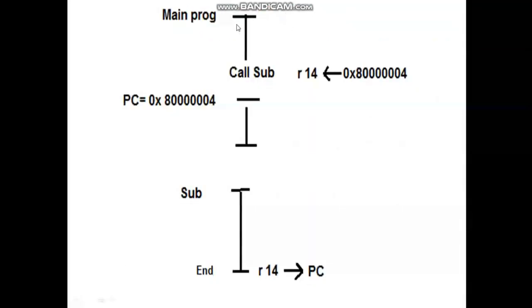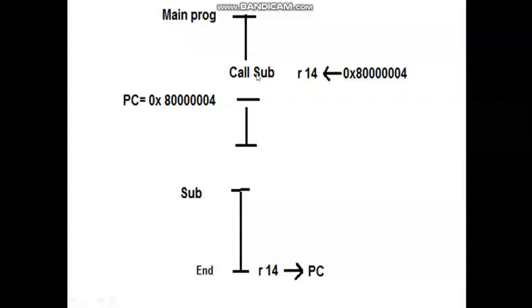So for example, if you have a main program like this and you are giving a call instruction to a subroutine, the subroutine is here. Then when this instruction is fetched and is being decoded and executed by the processor, the program counter will hold the address of the next instruction.